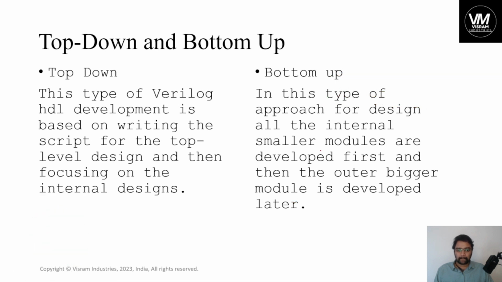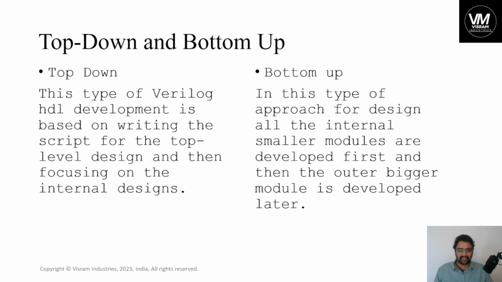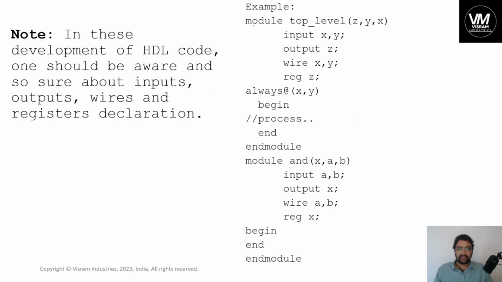And note, in this development of HDL code, one should be aware and sure about inputs, outputs, wires and registers declaration, as I have mentioned. So for example, module top level with input X, Y, output Z and wire. Now if you can see another AND gate in some top level design, it is the top-down approach.